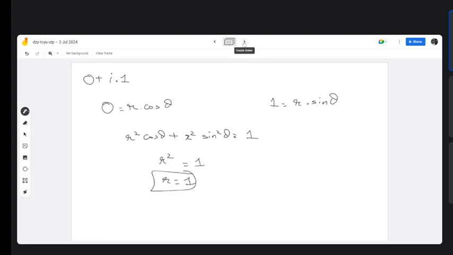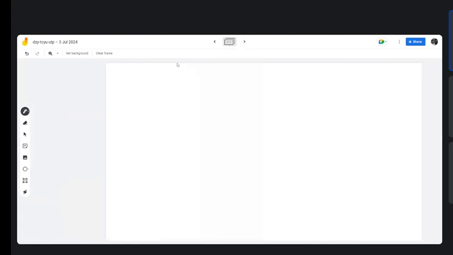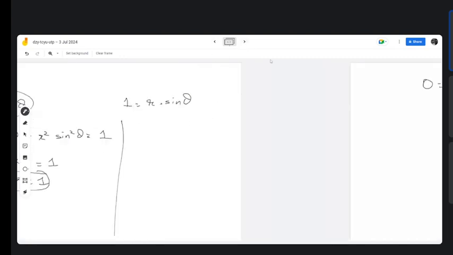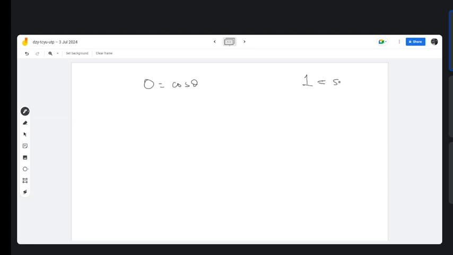Now to find theta, what do we do? We equate both the boxes. 0 is equal to cos theta, 1 is equal to sin theta. For what value of theta is cos the answer 0? 90 degrees. For sin the answer is 1 at 90 degrees. 90 is nothing but pi by 2. Theta is pi by 2.